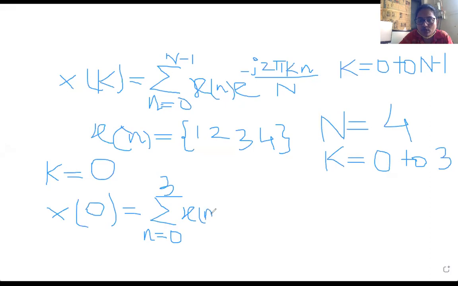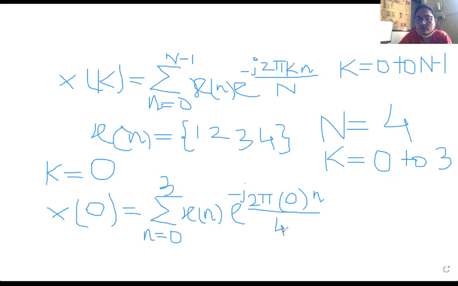This is going to be x of n multiplied by e raised to minus j 2 pi. Now here, what is the value of k? We have taken the value of k equal to 0, so this is going to be 0 multiplied by n divided by capital N. How many total samples are present?